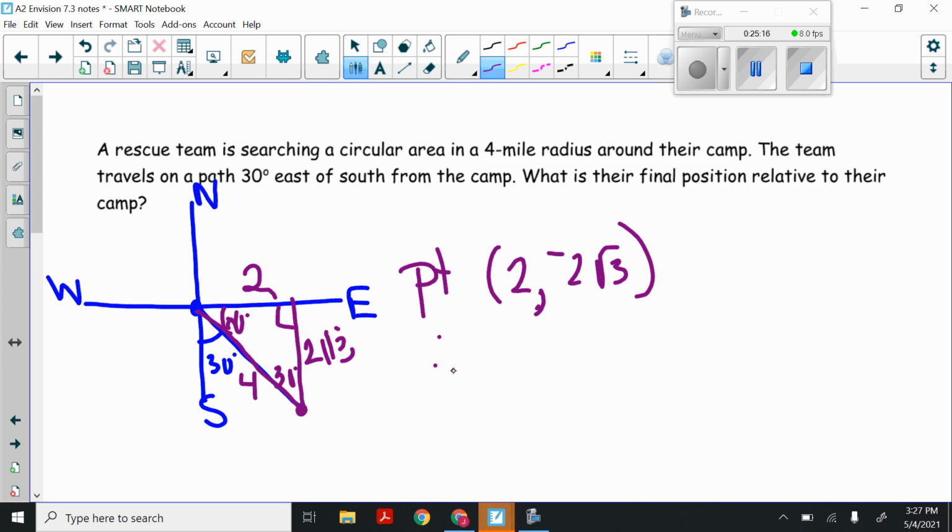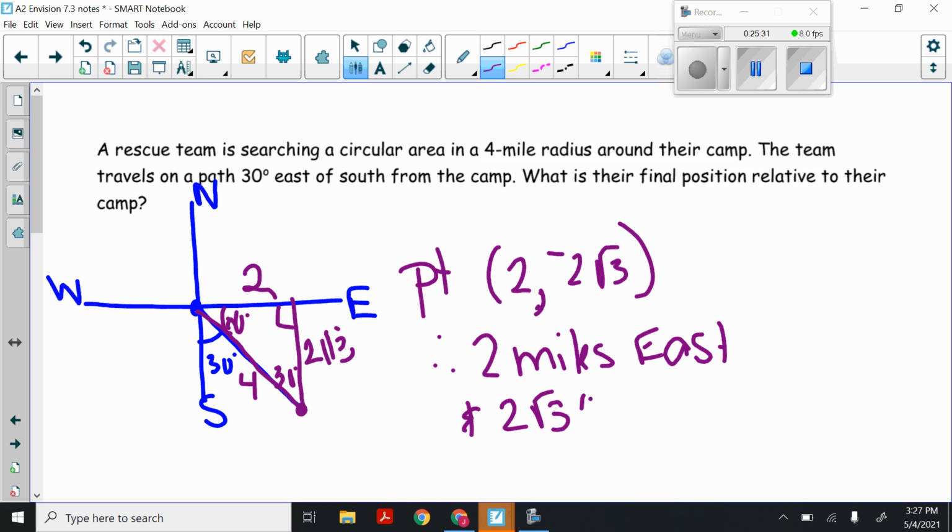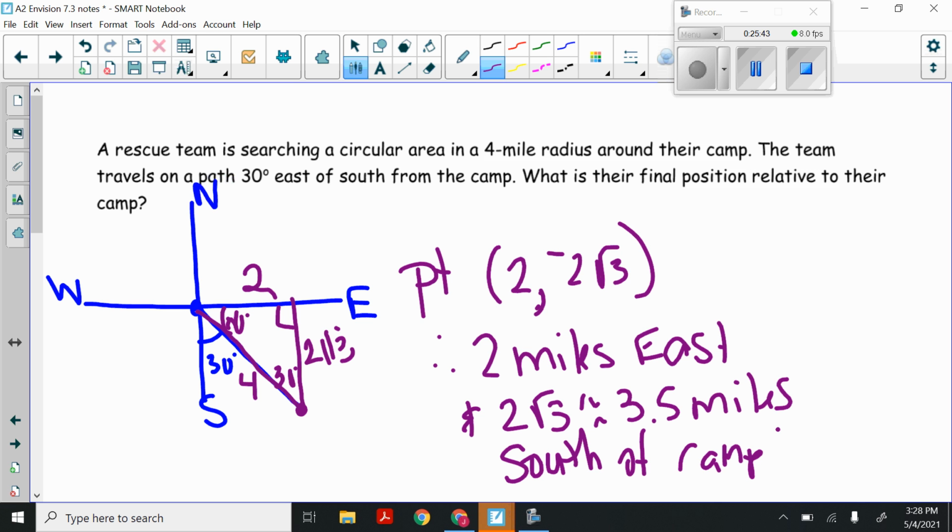Therefore, I am 2 miles east, because we're going 2 miles in the east direction, and 2 square roots of 3, which we don't know what that is, so we're going to type that in our calculator, or approximately 3.5 miles south of camp. So the rescue team is 2 miles east and 3.5 miles south of the camp.